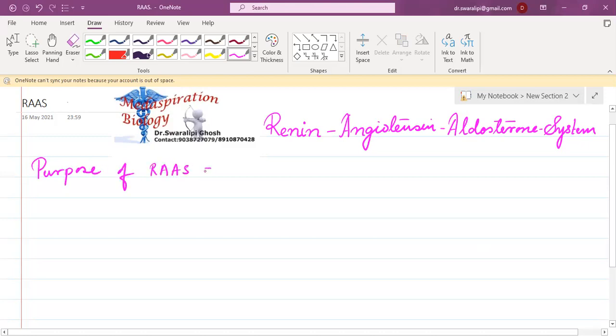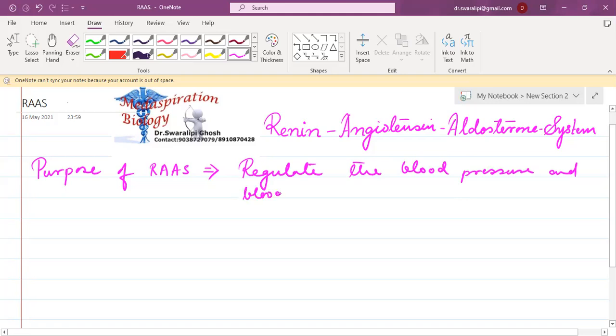The RAS pathway takes place inside our body in order to regulate the blood pressure and blood volume.